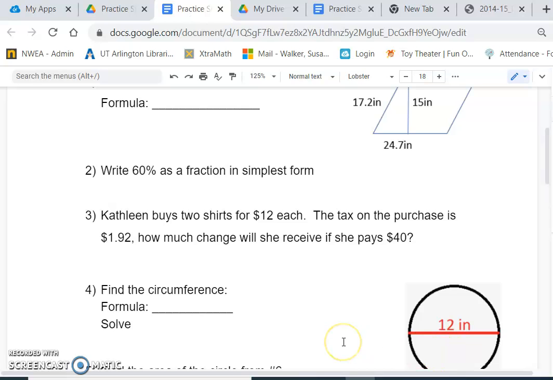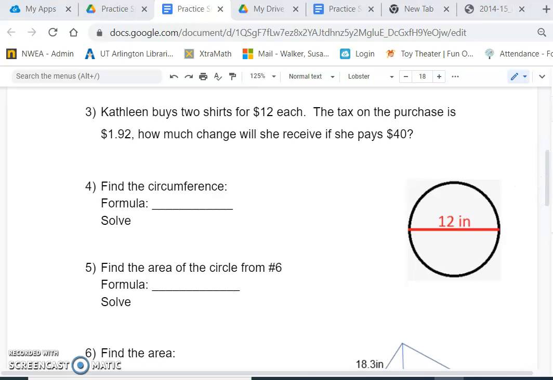So I'm just going to say it the way we've been practicing it in class, which is we are going to use the formula that goes with this. So what is this right here? Let's label that D, right, for diameter. So that means we're going to use formula A. C equals pi D, right?